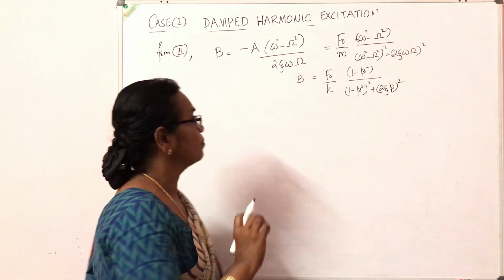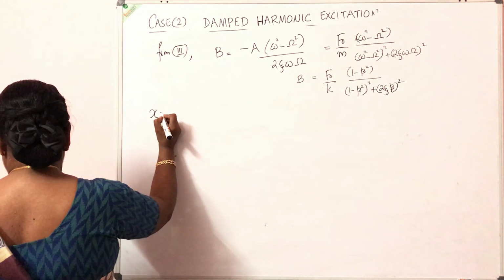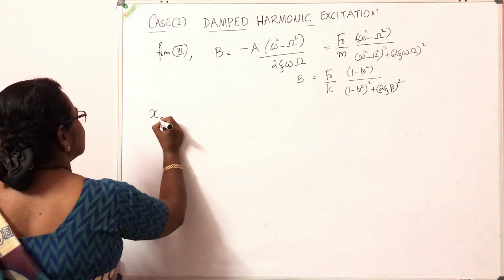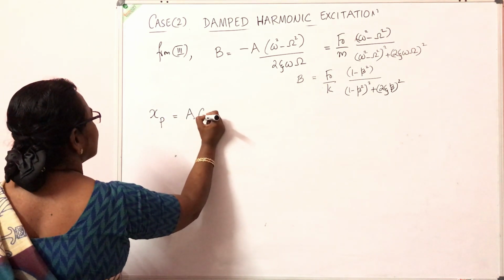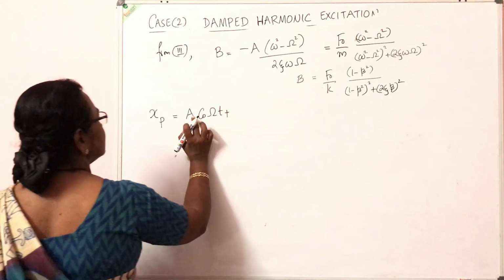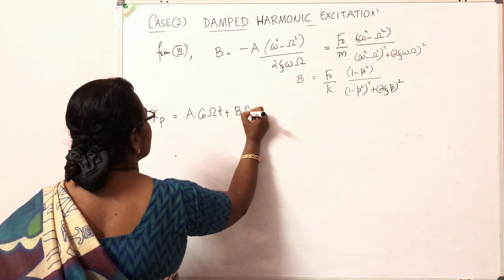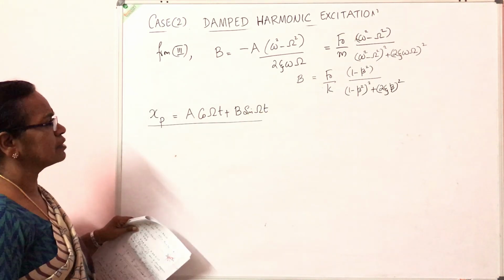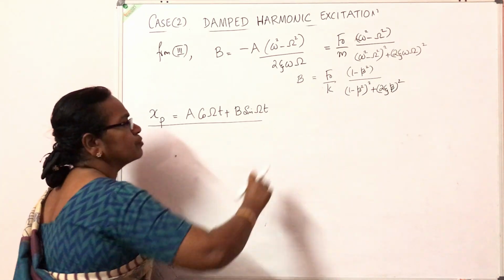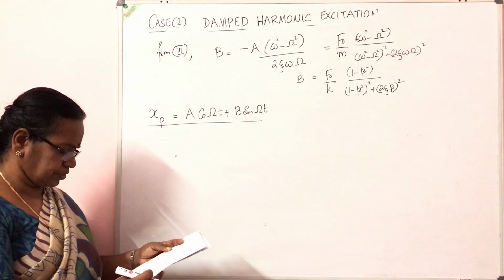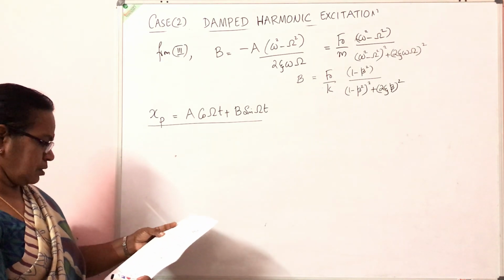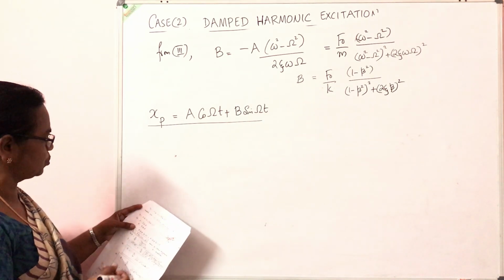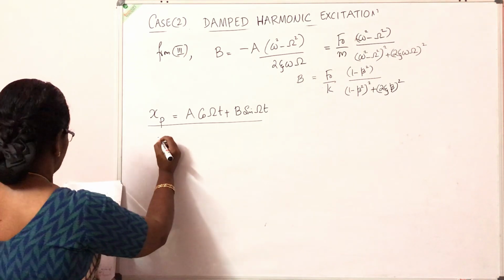So the total solution x at any time. The particular solution xp, we have assumed, is A cos omega t plus B sin omega t, where A and B values we have now got, and we have to substitute in this expression. We can rearrange it in some other form because we have to express it in terms of the amplitude. We will make an assumption.